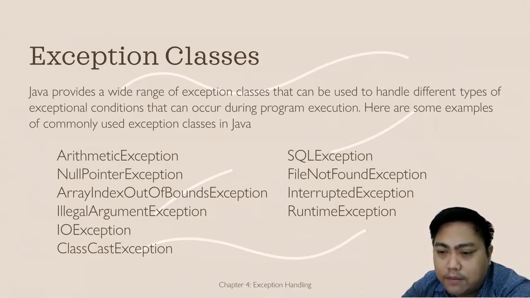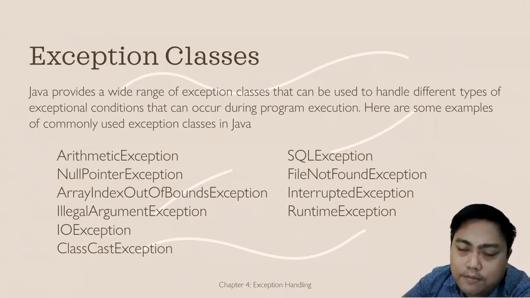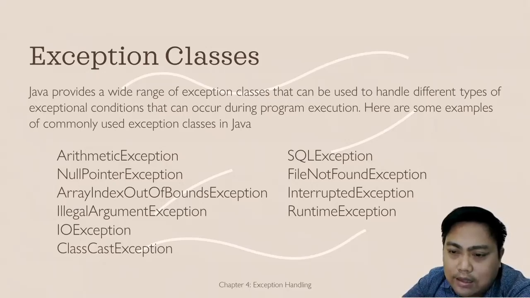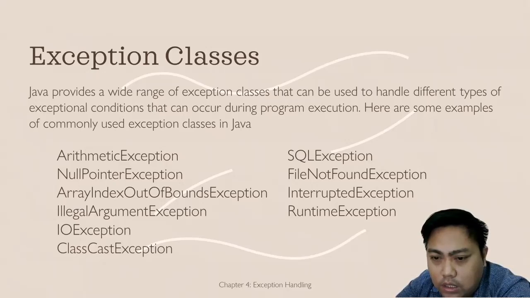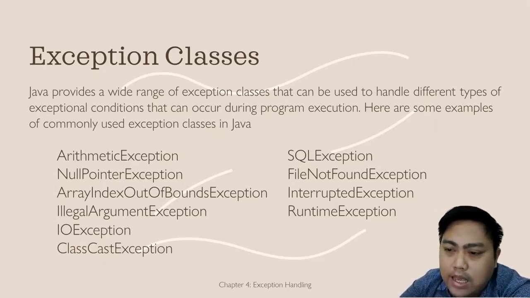And then we have the RuntimeException. This is the superclass of all unchecked exceptions in Java. So these are examples of exception classes that can be used. These are just a few examples of the many exception classes available in Java.